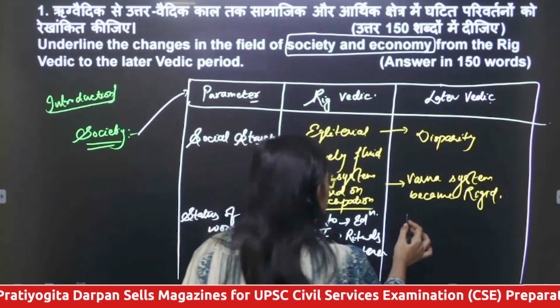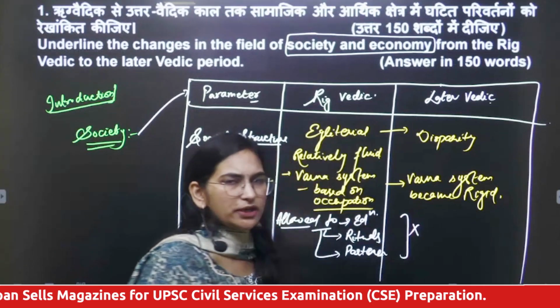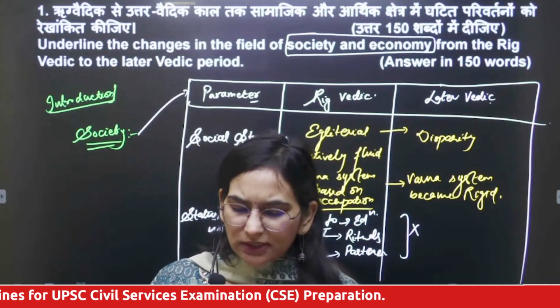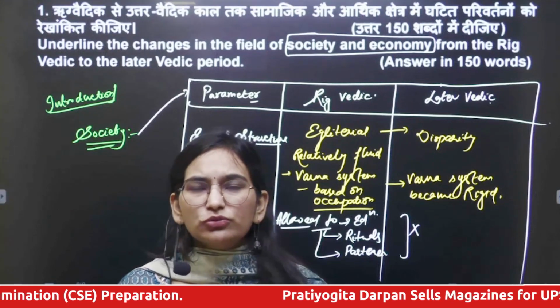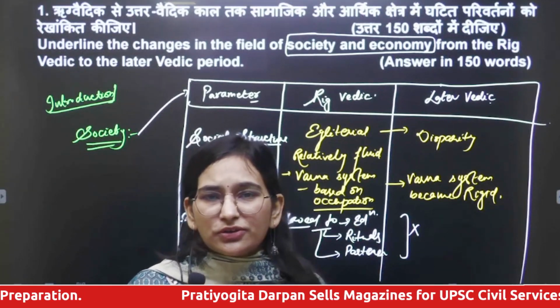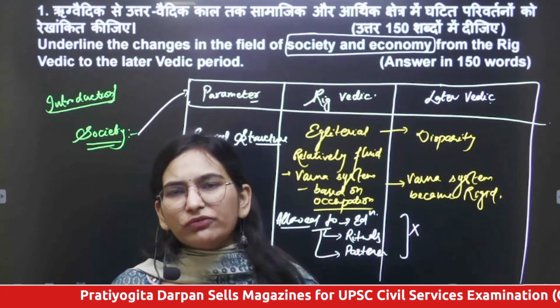But these things were not allowed in the later Vedic period. In the later Vedic period, they were not allowed to have these things, and that is why their role in society changed from the Rig Vedic to the later Vedic time period.